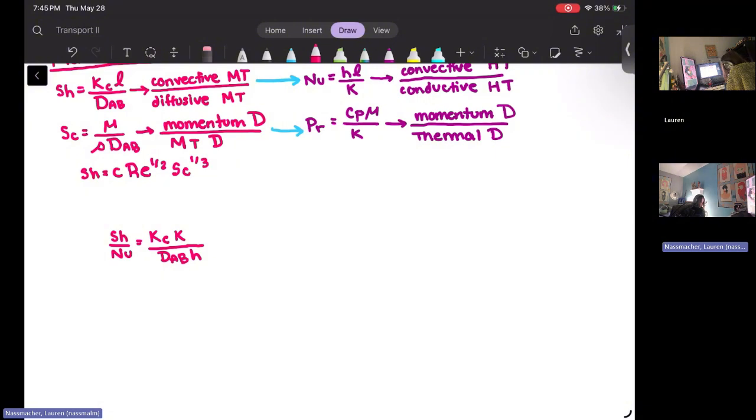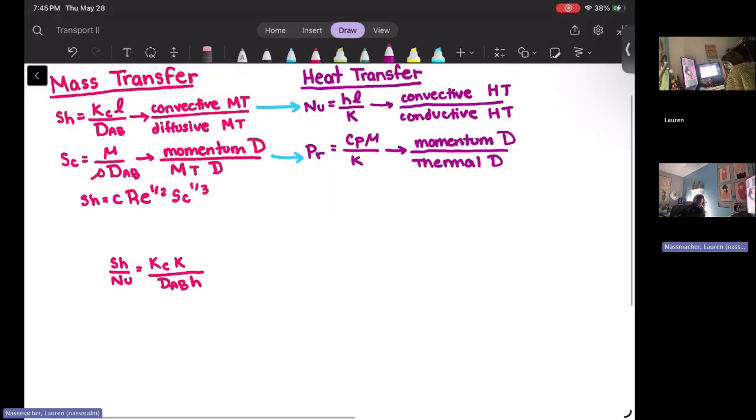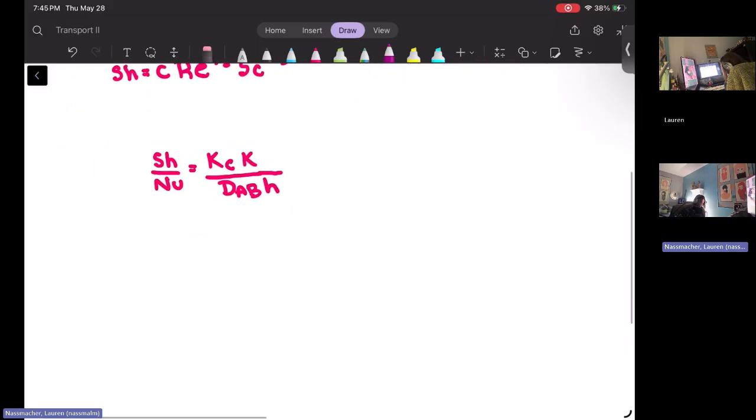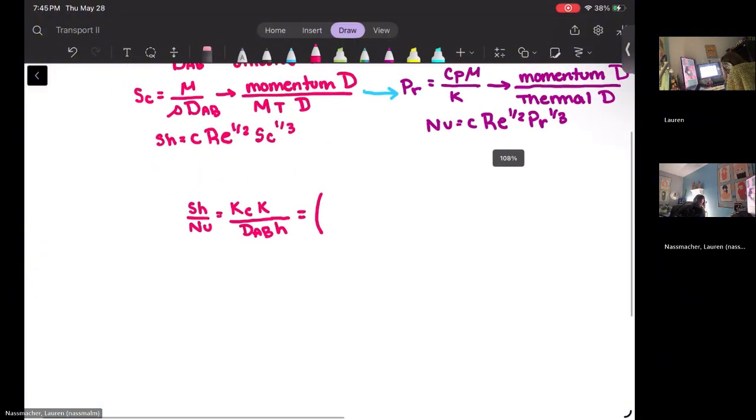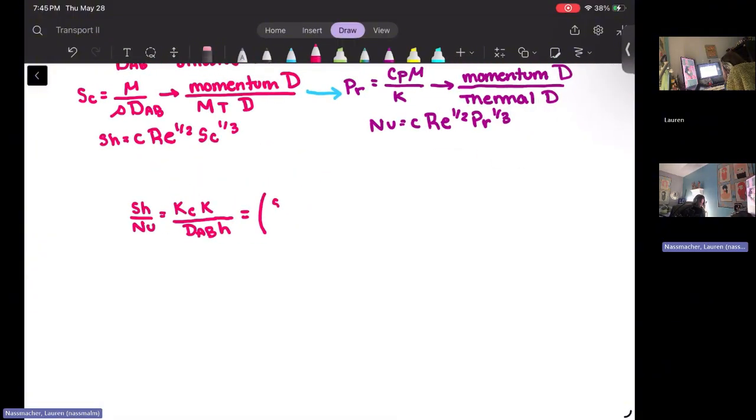And you can imagine that this is essentially the same for our heat transfer. Our Nusselt number is equal to a constant times the Reynolds number to the 1/2 power multiplied by the Prandtl number to the 1/3 power, which means that our relationship is also equal to the Schmidt number divided by the Prandtl number to the 1/3 power.